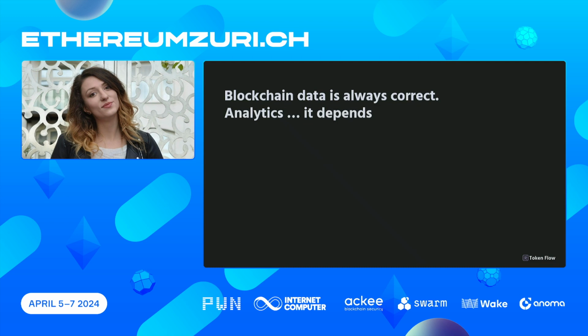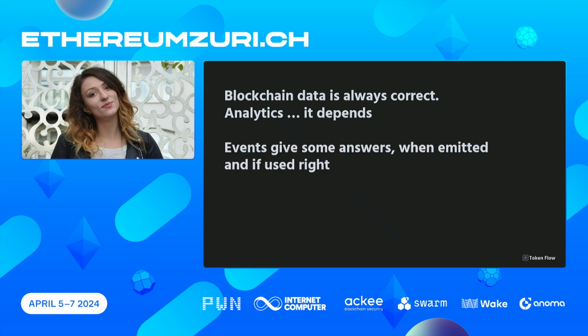So just a recap: blockchain data is always correct. Analytics, well, it depends. Events give you some answers when emitted and when used right. Events are not incorrect by definition. They serve a very good purpose, and they're able to give you the information you need, but you need to know how to use them. And to wrap up, state and storage are always correct and always on chain.